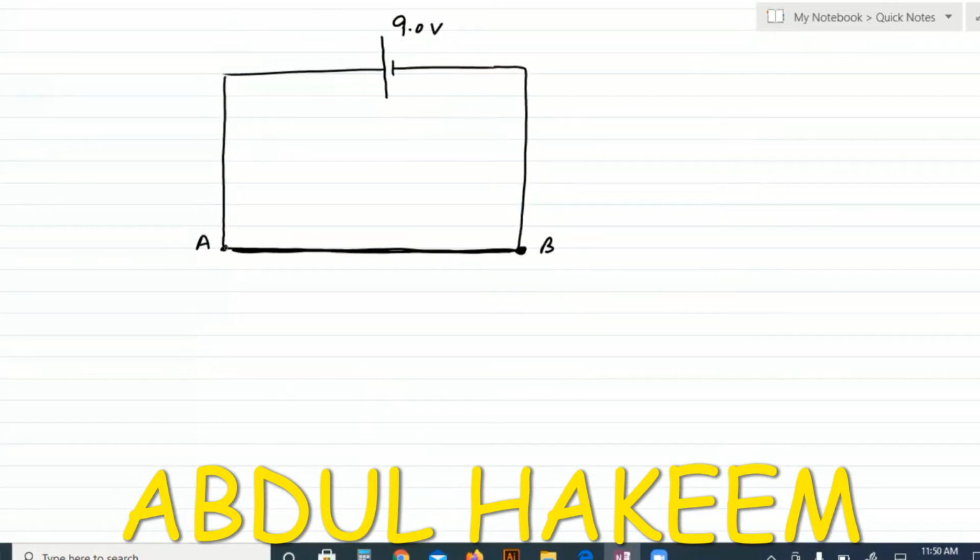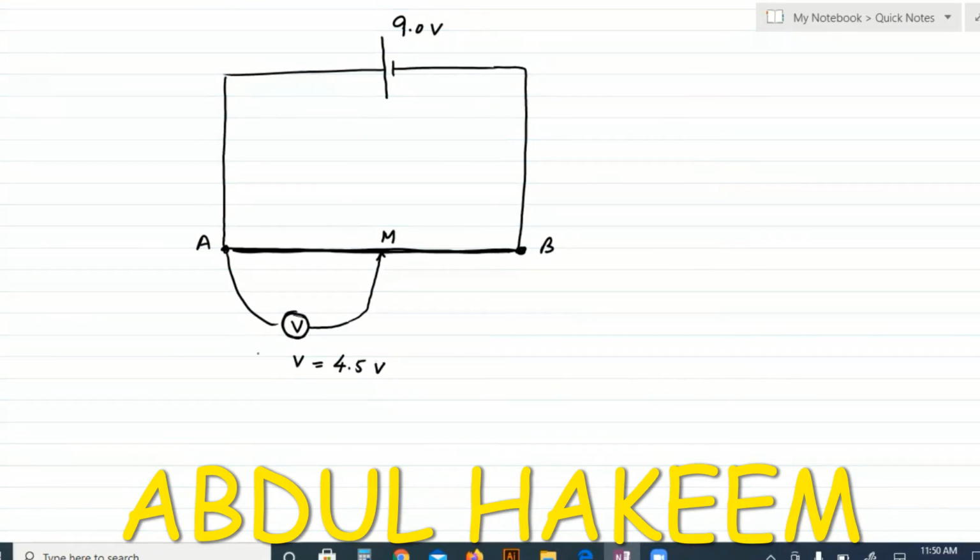Now, according to theory, if the voltmeter is connected with A or B, and this movable contact is placed exactly at the middle of AB, then theoretically, the voltmeter reading must be half of EMF 9, that is 4.5.